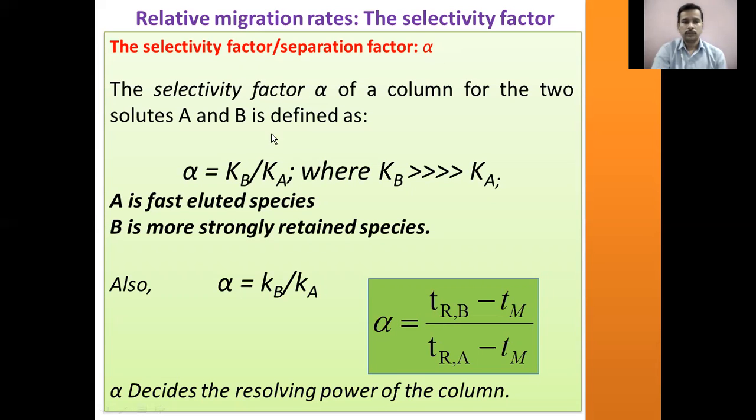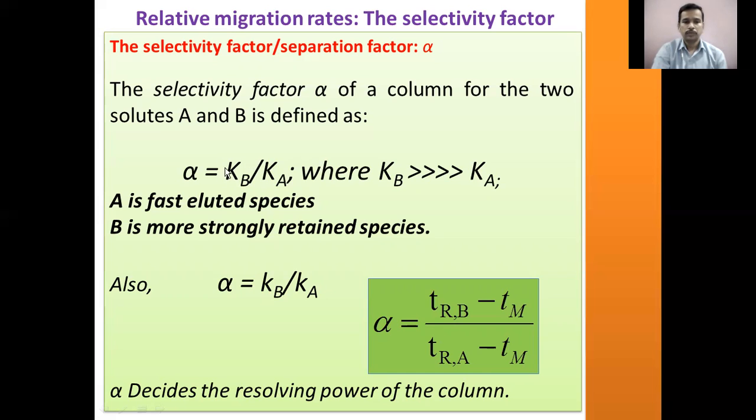If you assume we are using a chromatographic procedure for the separation of solute A and B, then the selectivity factor, also called the separation factor, alpha, is written as the ratio of the partition coefficient of solute B to the partition coefficient of solute A, where Kb and Ka are the partition coefficients of solute B and A respectively.